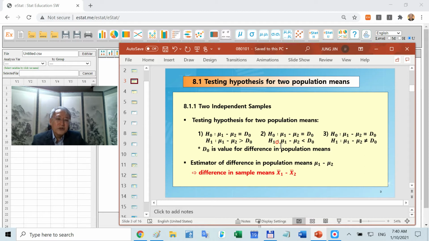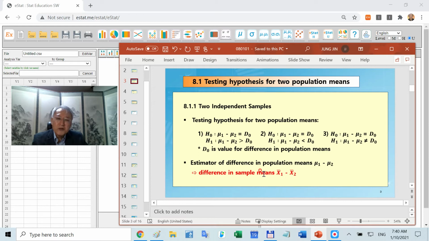How can you do testing about the two population means? You need some kind of sample statistic. In order to estimate the difference, the best candidate would be the sample mean difference. Yes, this sample mean difference will be used for testing hypothesis.